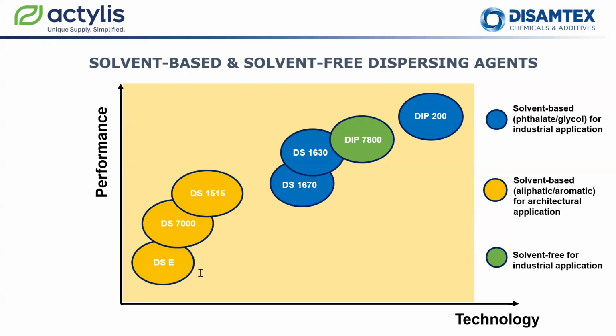Blue bubbles represent solvent-based dispersants for industrial applications, delivering higher performance for demanding systems. And the green bubble, DIP 7800, highlights solvent-free technology, combining high performance with improved sustainability. So overall, it illustrates Disamtex's portfolio evolution from traditional solvents to high-performance, solvent-free solutions.